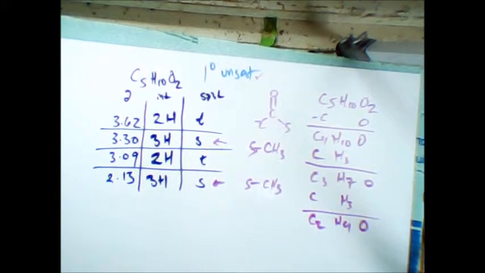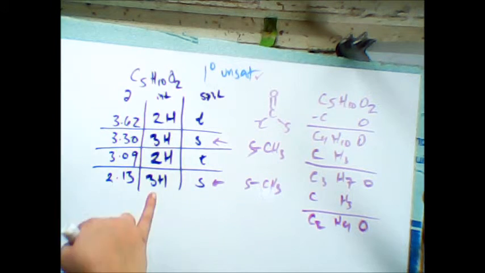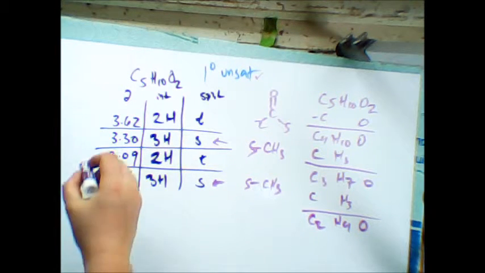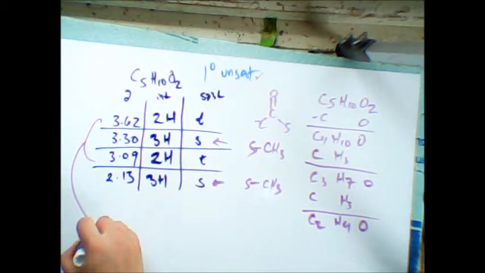Okay, so now we've taken care of our 2 CH3s. We've got our 2 CH2s left to take care of. They're both a triplet, so right off the bat, what this should tell you is that they are coupled to each other, because there's literally nothing else for them to be coupled to.